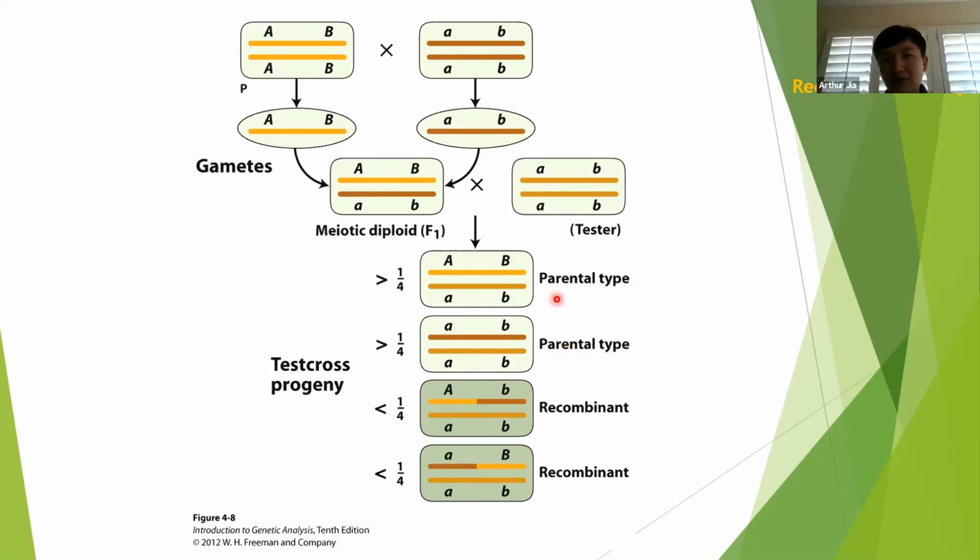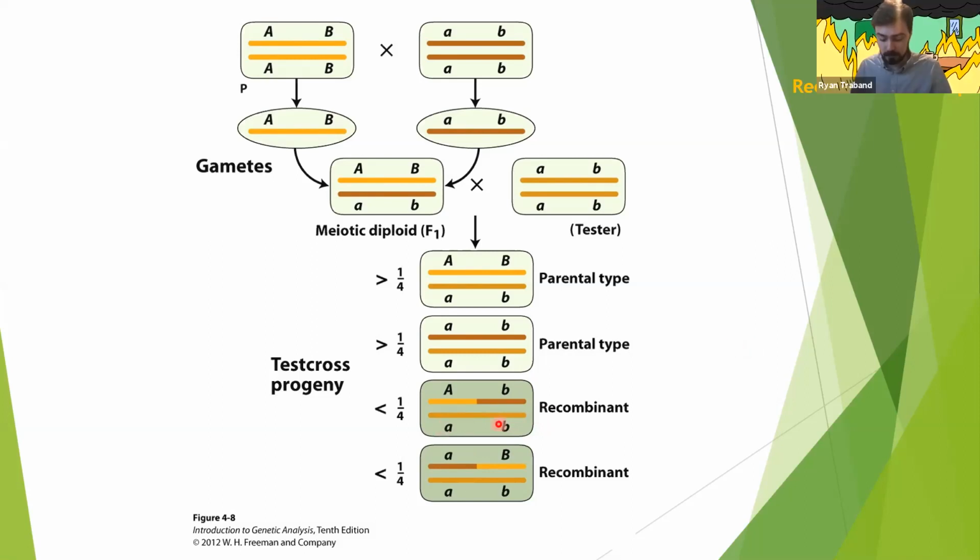If you look very closely at these four types, these two types are called the parental type. Why? Because they are showing the parental phenotypes, right? And you're also going to see two other types. They are showing different combinations of the two traits.